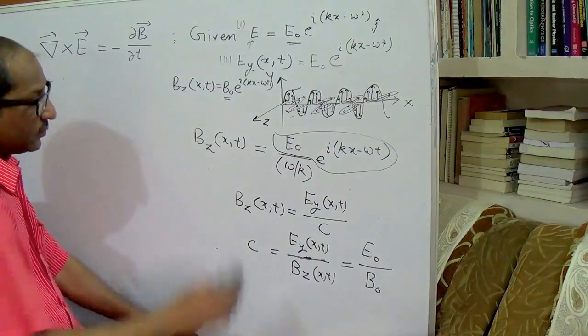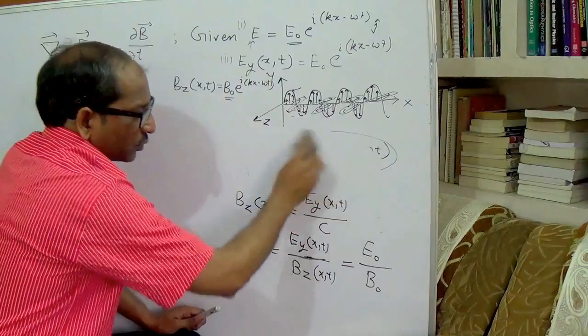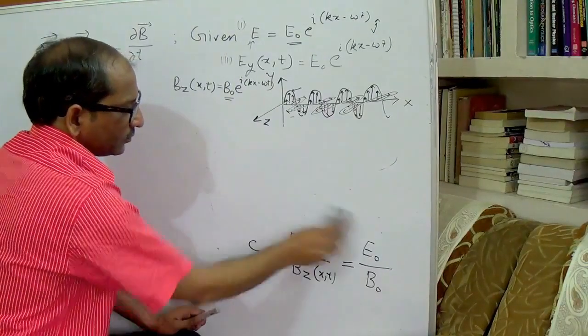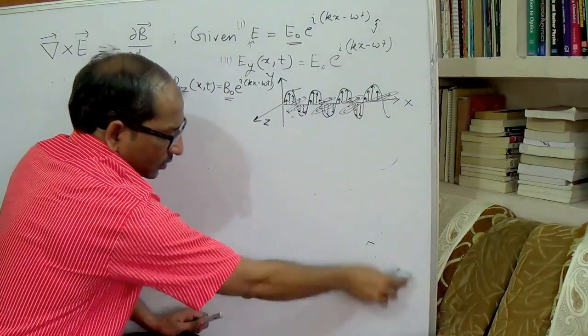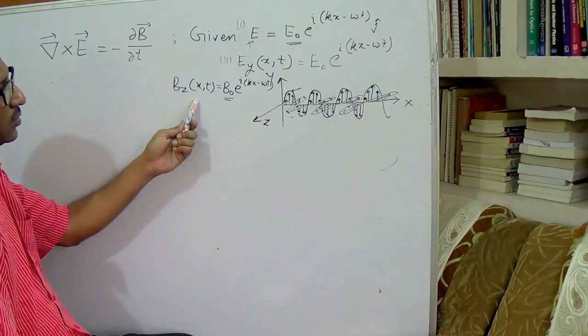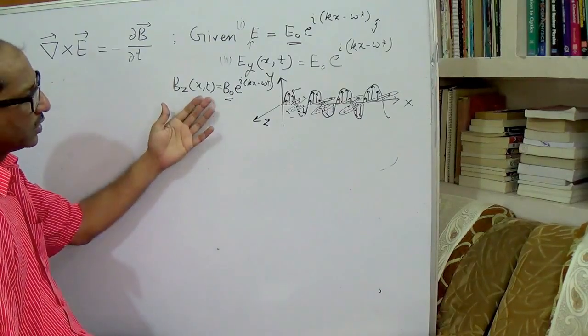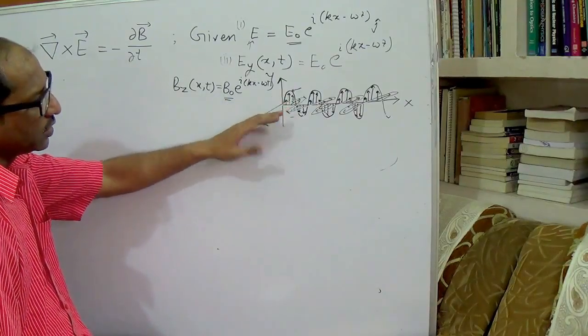So by this you can find out, using these equations, that is the Faraday law. If E is given, you can find out Bz, and from this result we see that both are perpendicular to each other.